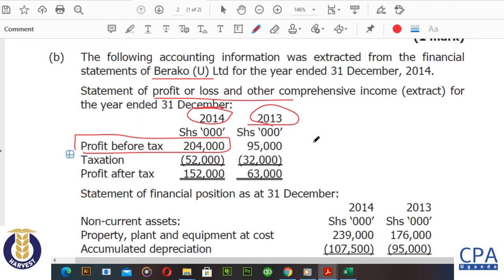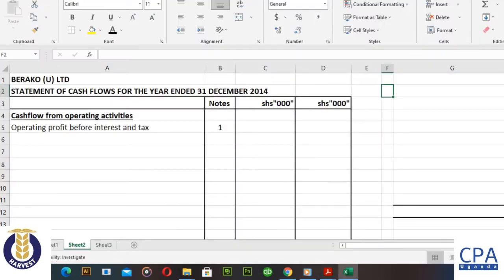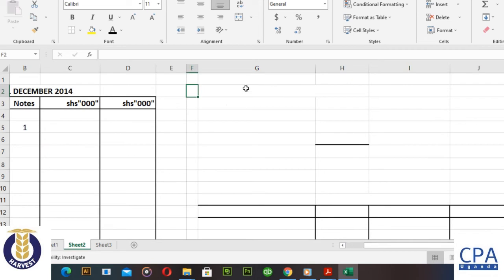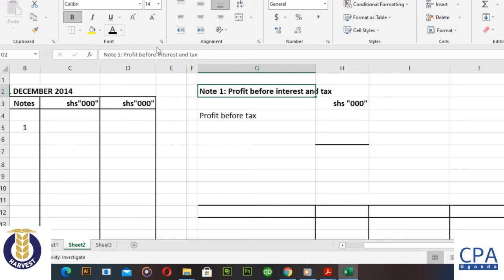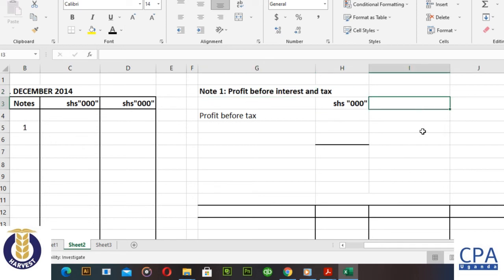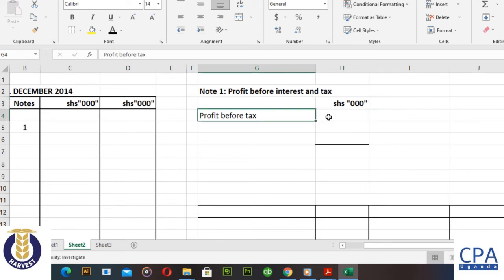So in note number 1, I've put the notes alongside here. We shall have our shillings in thousands, and my note number 1 is capturing the profit before interest and tax. The profit before tax, as you can see in our question, is 204.